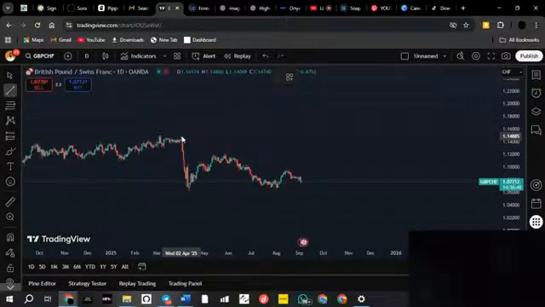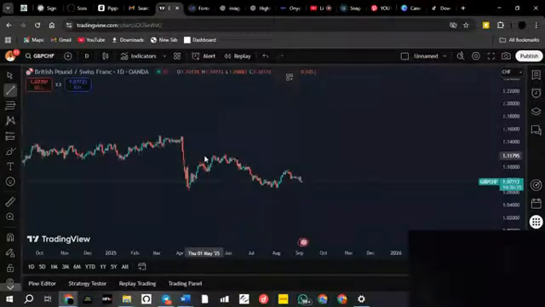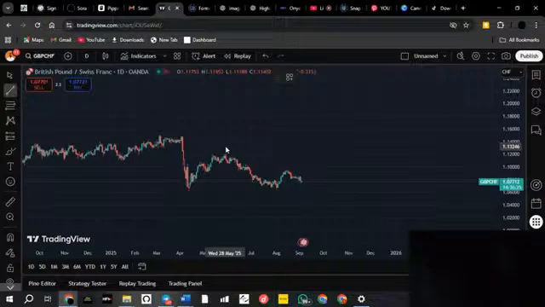The reason I am not fully comfortable with the downtrend is because this was a very volatile move on GBP CHF, which the market tried to correct. So this is not a normal market movement. It is not a movement based on technicals. It's an impulsive movement due to economic factors.